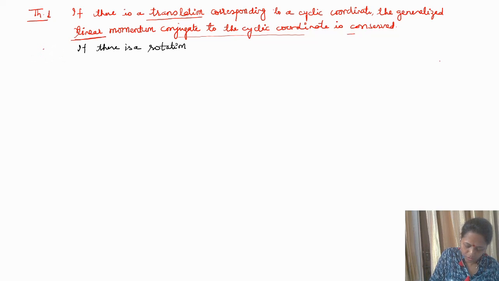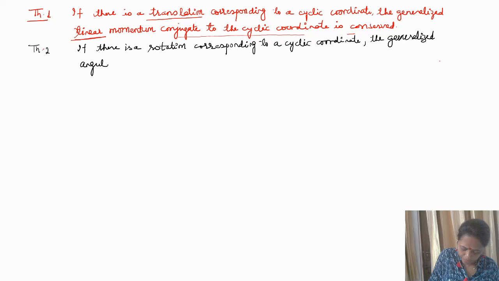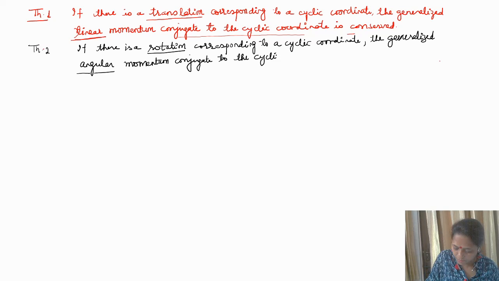If there is a rotation corresponding to a cyclic coordinate, the generalized angular momentum, again see the difference, angular momentum conjugate to the cyclic coordinate is conserved.